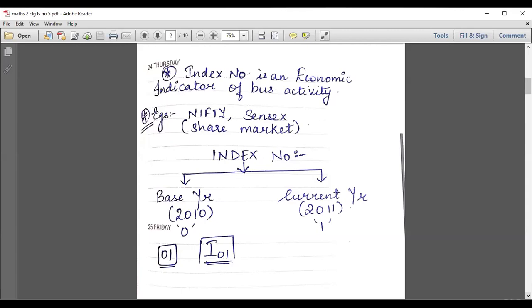You must have seen on the screen, when the market is going down, it is shown by a red triangle. And when the market is good to invest, it is represented by the green color. So the practical indicators of index numbers can be these two indicators which are used in share markets, that is, Nifty and Sensex.